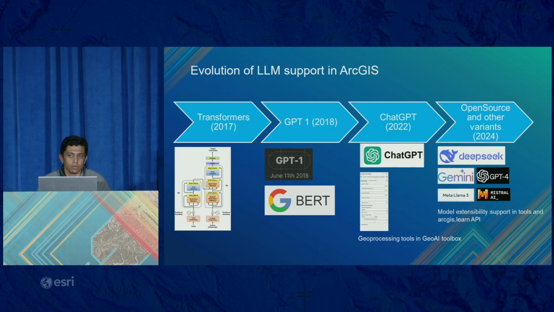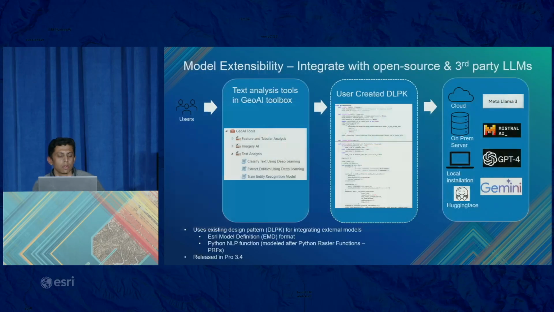But now we do realize that we cannot catch up with the pace at which the models are being released, and we want to offer that flexibility and the support to connect to these large language models by writing the deep learning packages yourself. In the next slide, I'll talk a little bit more about what these deep learning packages are, how you can write them, and we call this feature model extensibility.